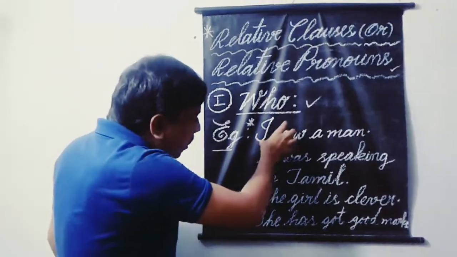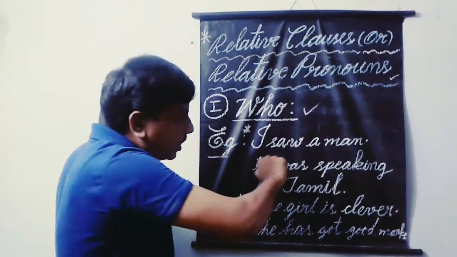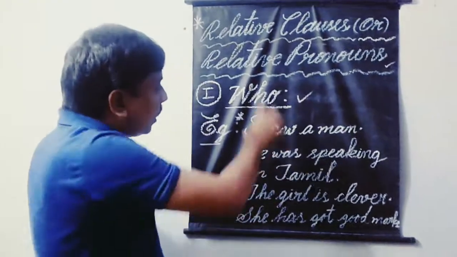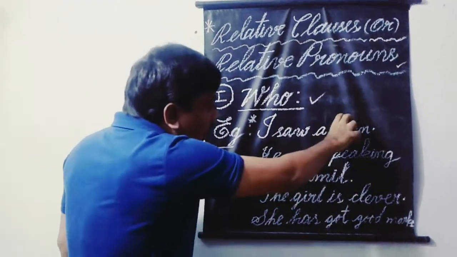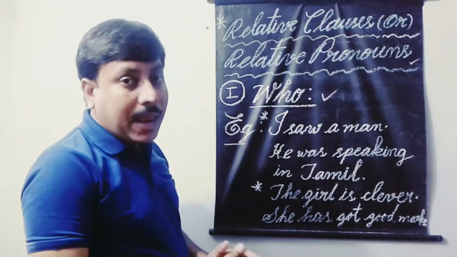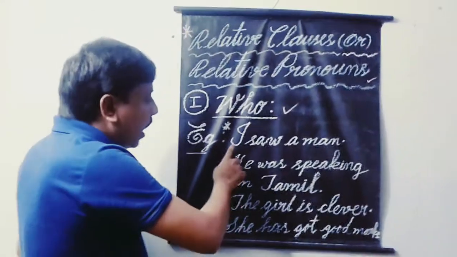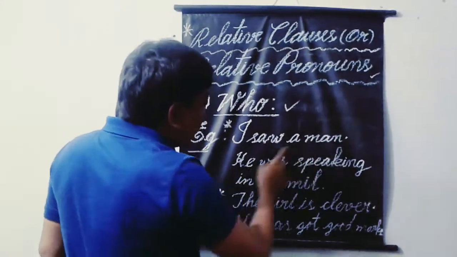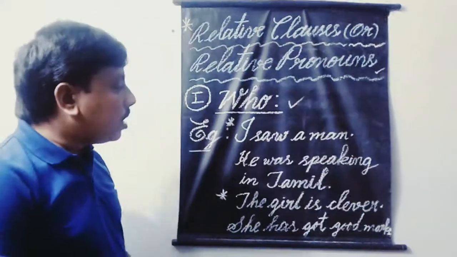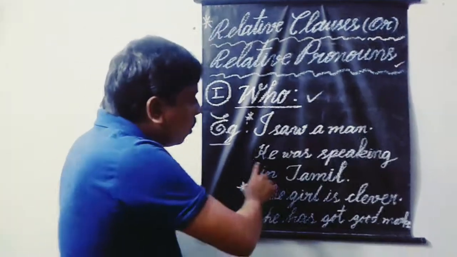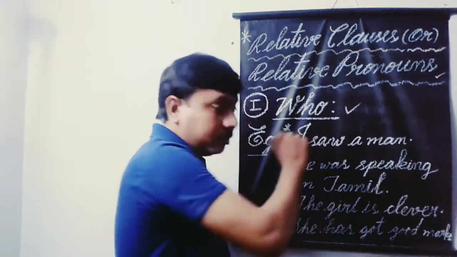In order to join these two statements, we are using the relative pronoun who after the noun man, M-A-N, man. I saw a man who was speaking in Tamil.